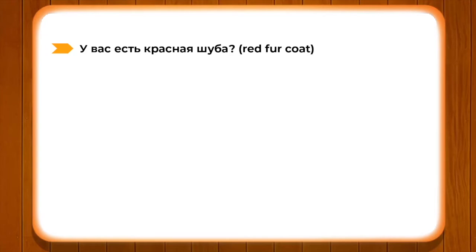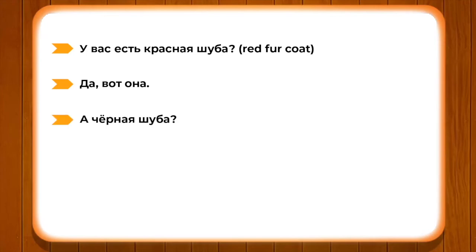Шуба is a very famous item in Russia. It means fur coat. So красная шуба, red fur coat. It can be any other color, but шуба in itself is a fur coat, which is very popular because of the cold climate. Да, вот она. Yes, here it is. So вот она is basically used for шуба because it belongs to the feminine gender.